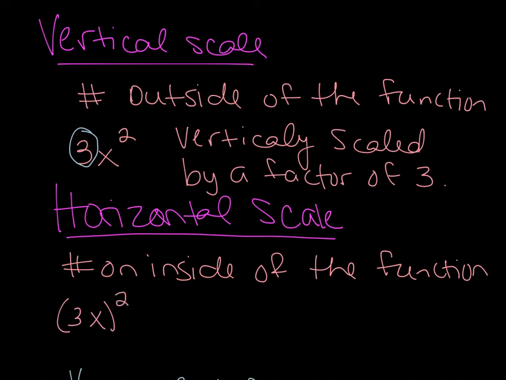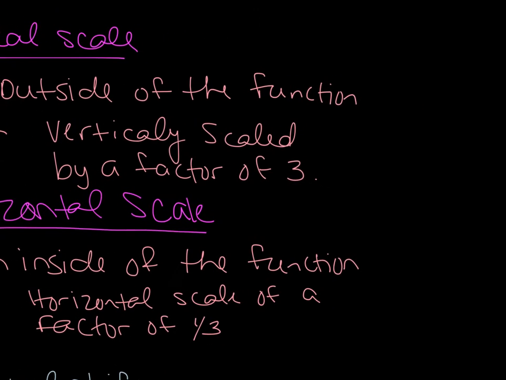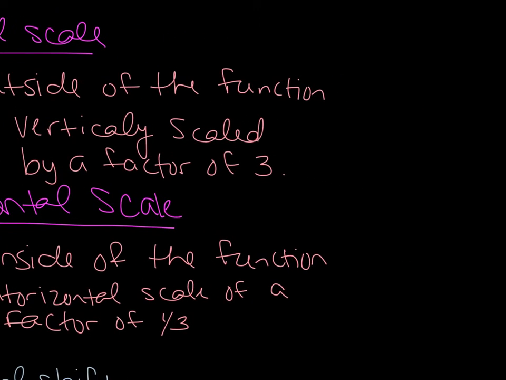In this case, this would be a horizontal scale of a factor of 1/3. So in this case, for the horizontal scale, the biggest thing is that you are dealing with the reciprocal.